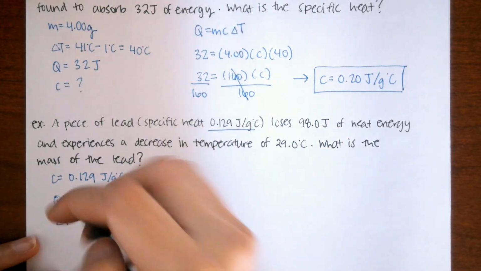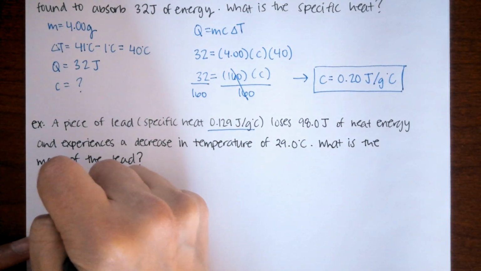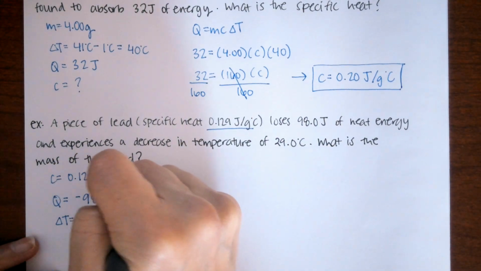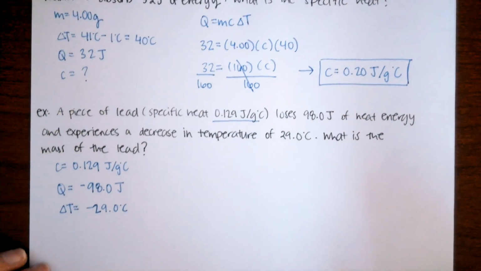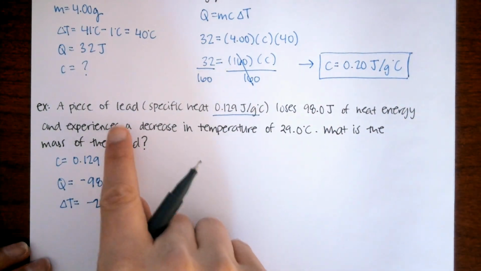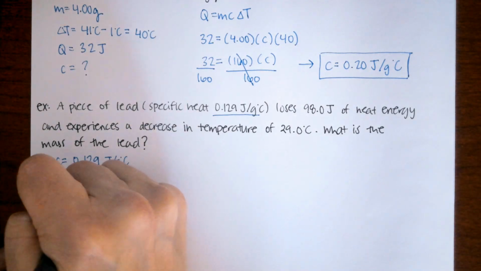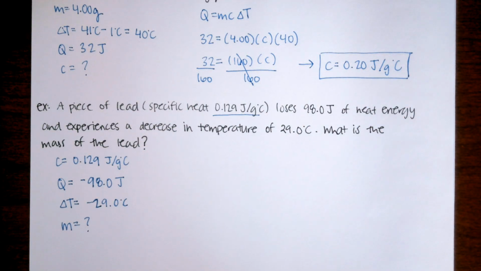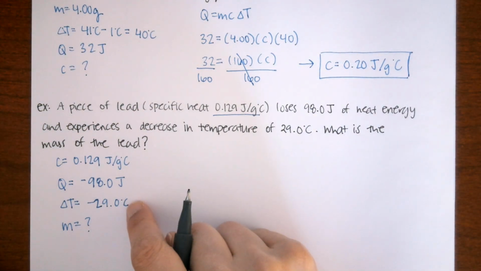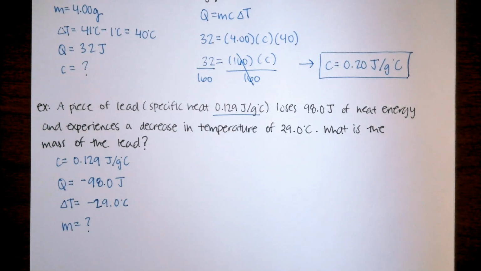So my delta T would have to be negative 29 degrees Celsius. Which makes sense when we do the math, because you're trying to find the mass, and your mass has to be positive. There's no such thing as a negative mass. So since we have these 2 values being negative, when we solve, we end up with a positive number.